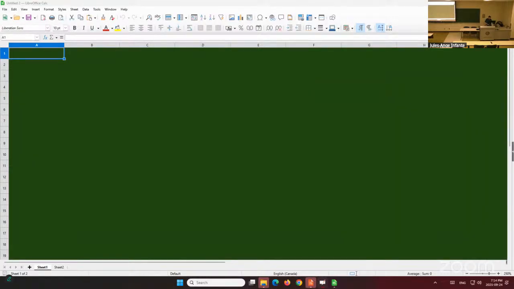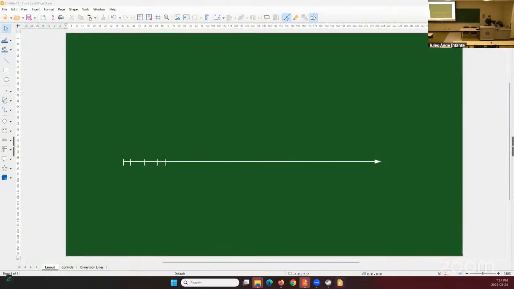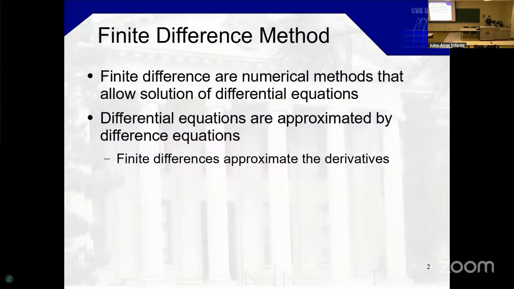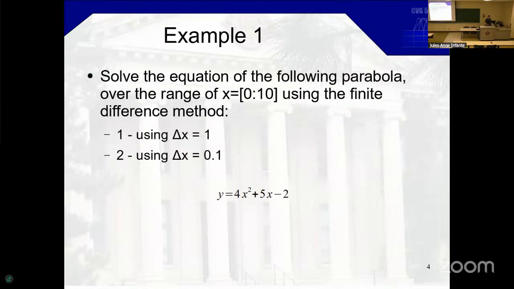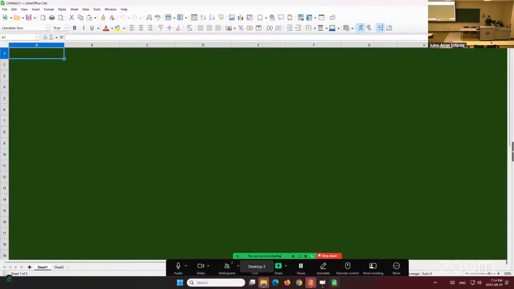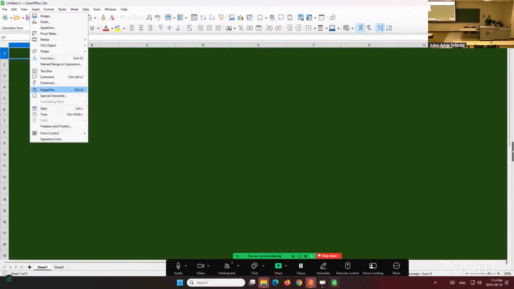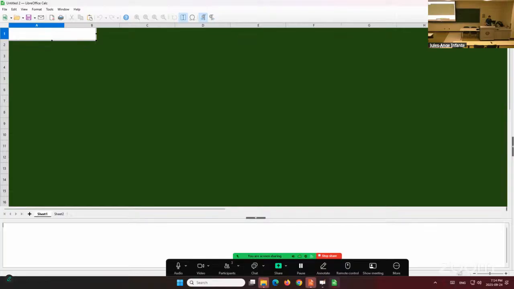So we said that our equation was 4x² plus 5x minus 2.